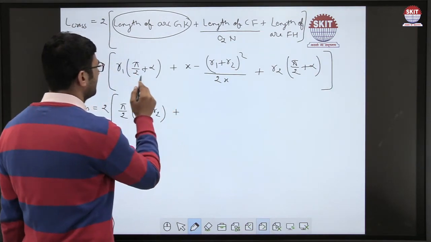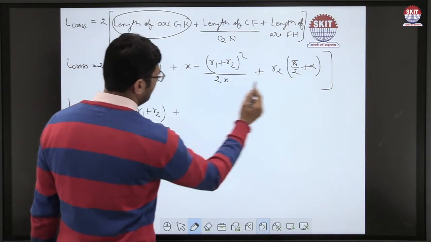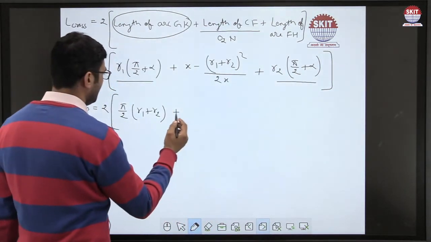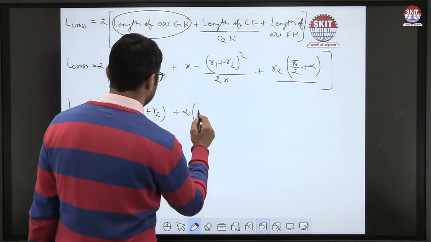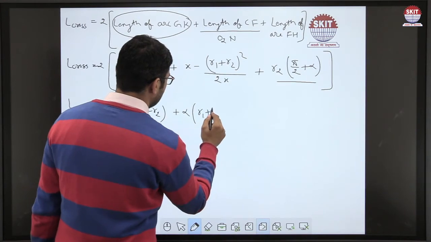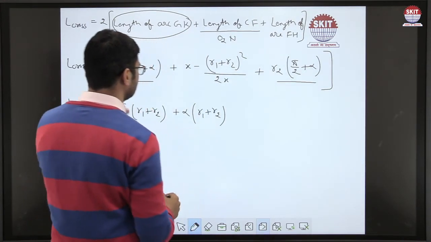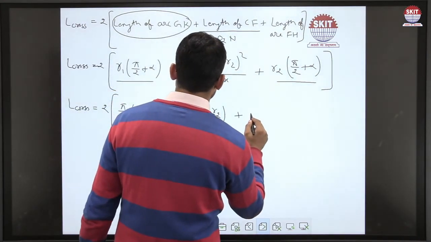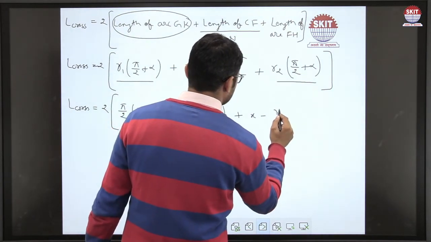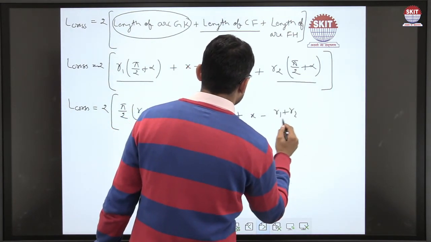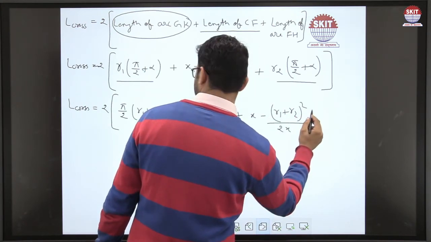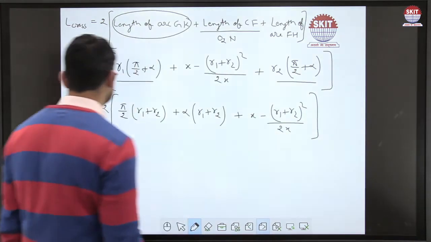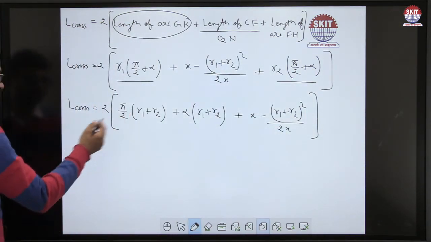When we take alpha common from these terms, we get alpha times (R1 plus R2), and the remaining term is x minus (R1 plus R2) whole square upon 2x. Now multiply 2 inside.